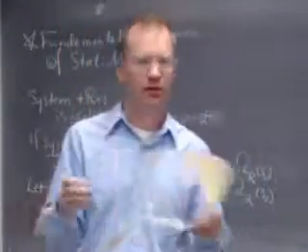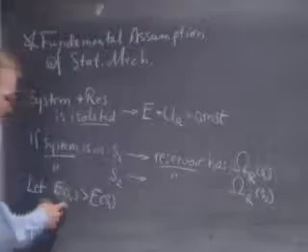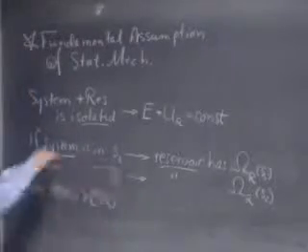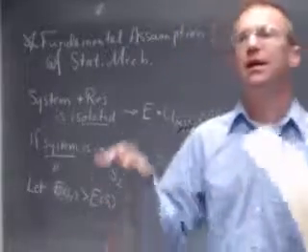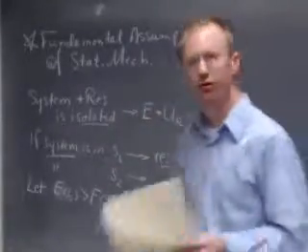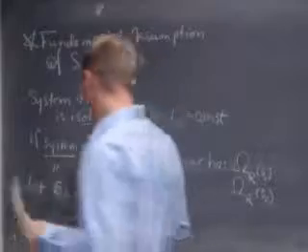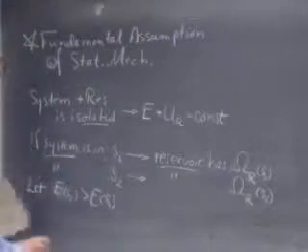Whatever one gains, the other one has to lose. So if the system gets more energy in state S2, the reservoir has less, and the reservoir is a large system, and if it loses energy, its multiplicity also goes down. This goes back to chapter 2, I believe. Okay.